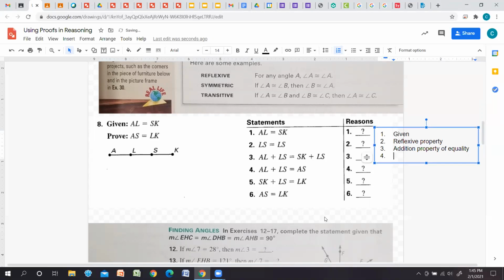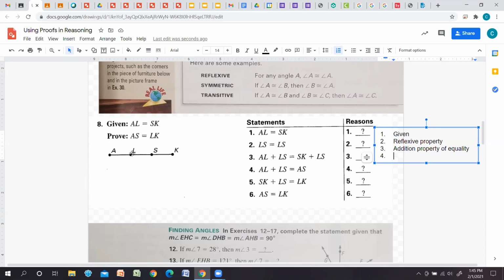Okay, then I look at the next line. What did they do here? Well, they looked at the diagram. Oh, I'm sorry, that's not what they did.